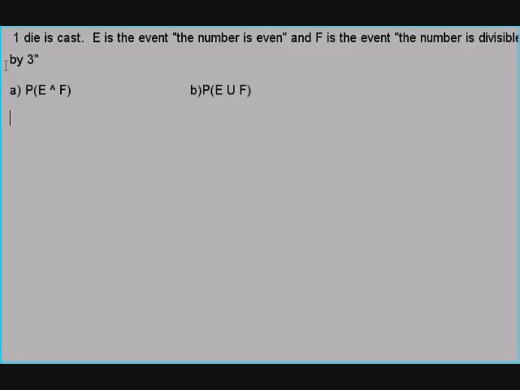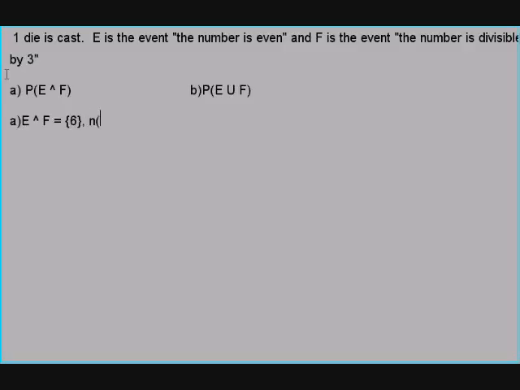Alright. So, notice for A first, if we want to look at E intersect F, we just did this example in the first video. E is the elements 2, 4, and 6, where F is the elements 3 and 6. So we know that E intersect F is just the set containing the element 6.